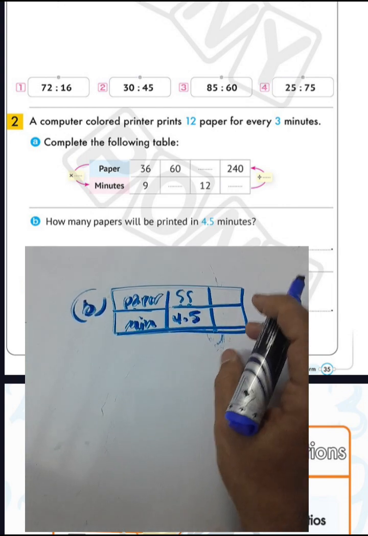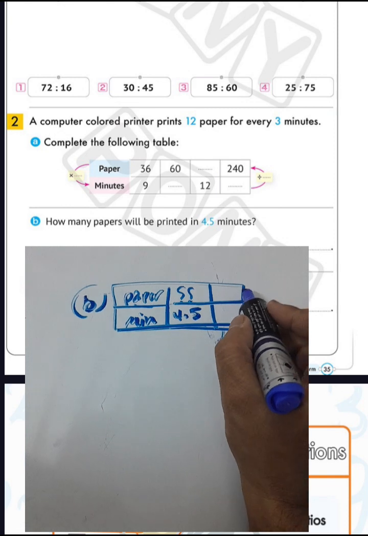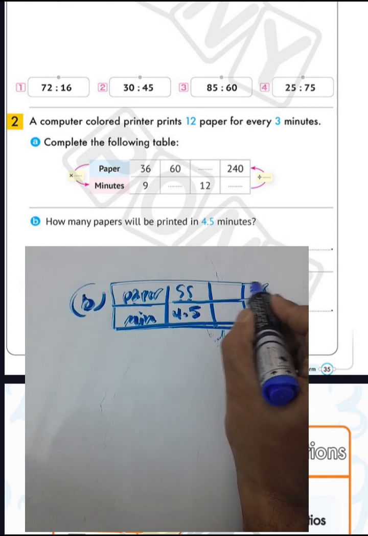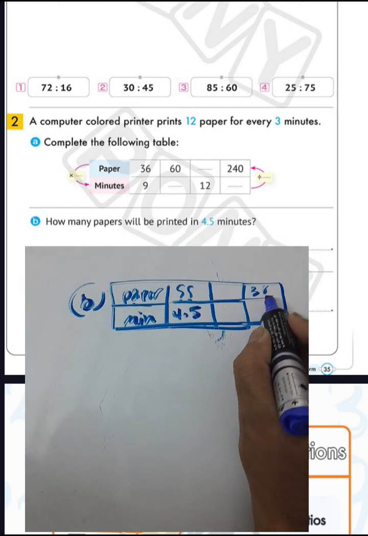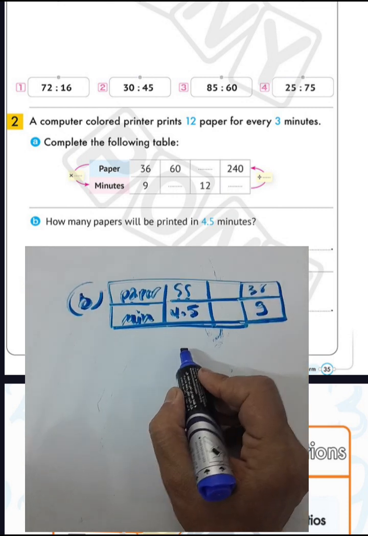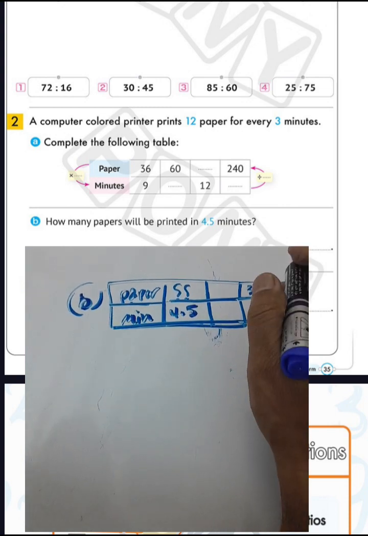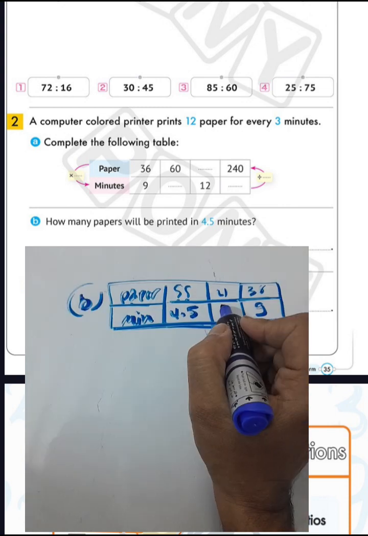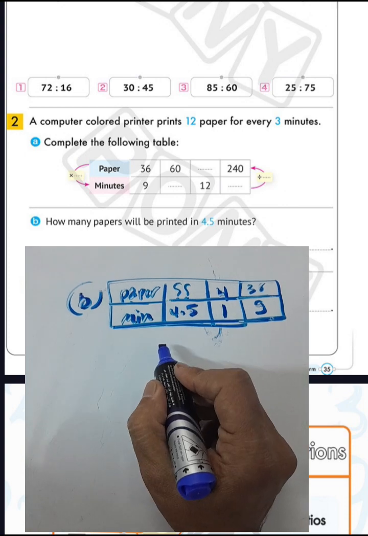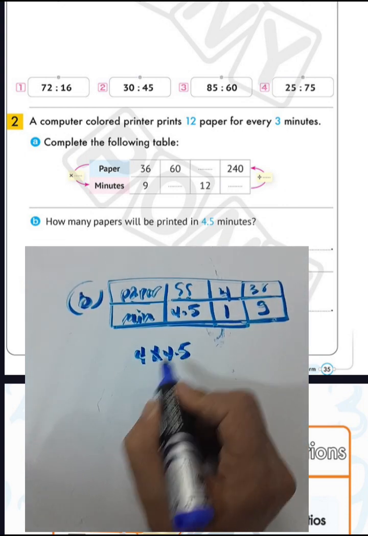Now we will put in numbers. We know 36 here, this printing 36 papers at 9 minutes. Okay, then we can write here 36 divided by 9, it will be 4, and write here 1. Then we can write the number of papers, 4 multiplied by 4.5.